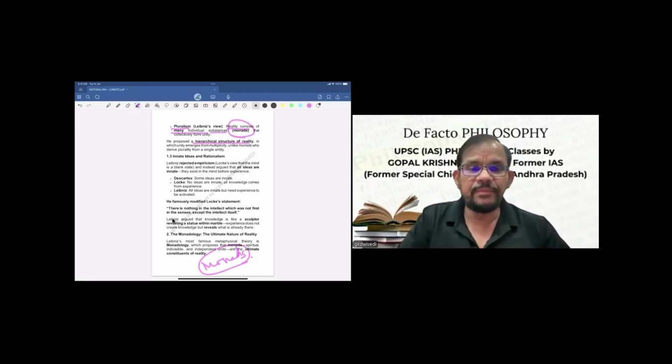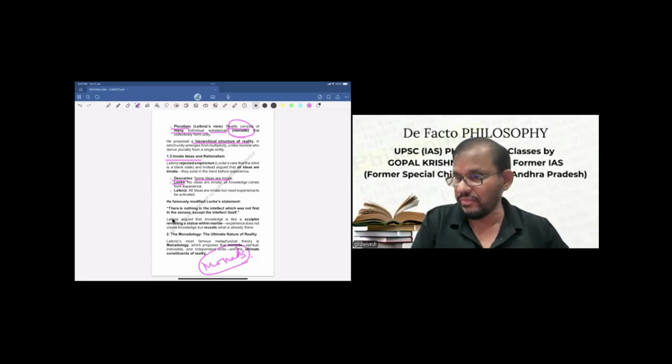Now, what Leibniz has done regarding innate ideas is also quite interesting. See, Descartes told that some ideas are innate. Locke is an empiricist. We have already seen how he criticized Descartes in the previous question. Locke has given the idea that no ideas are innate; all knowledge comes from experience.